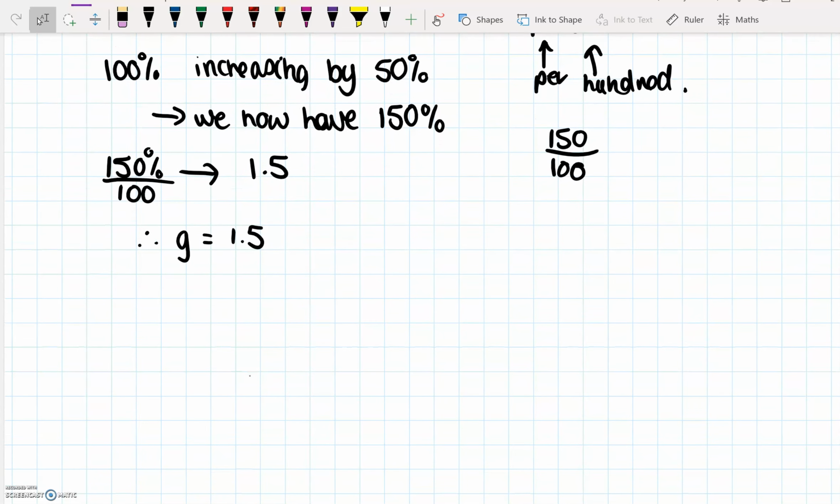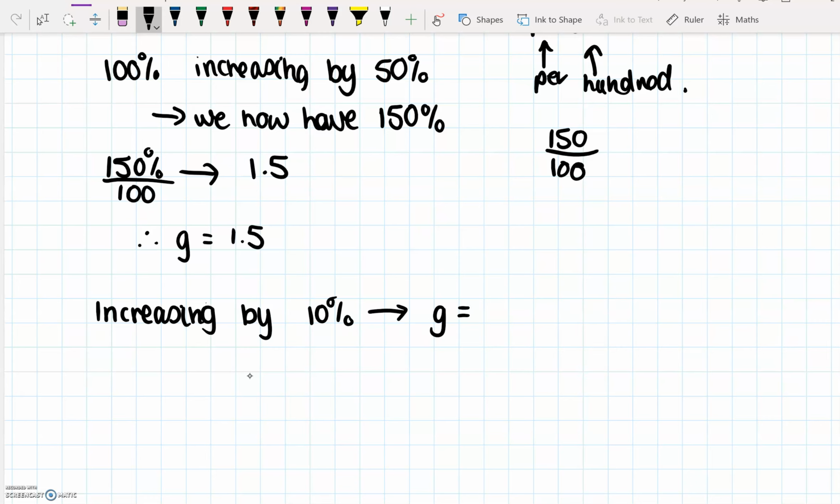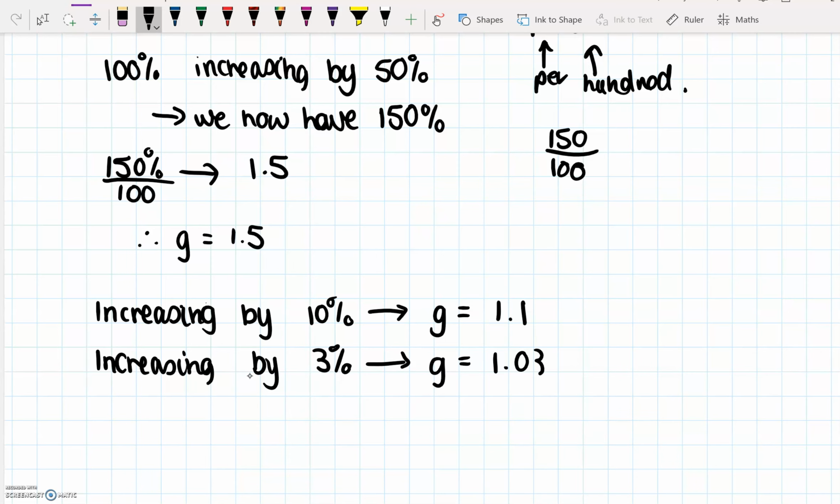Okay, it doesn't really change much more than this. So if we say that we are increasing by 10%, that means G is going to be 1.1. If we are increasing by 3%, that means G is going to be 1.03.